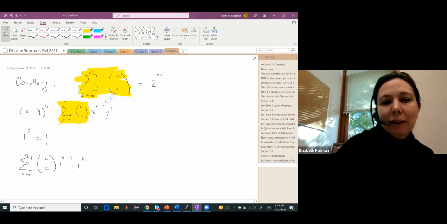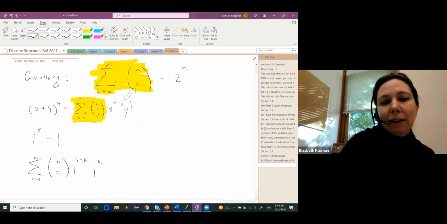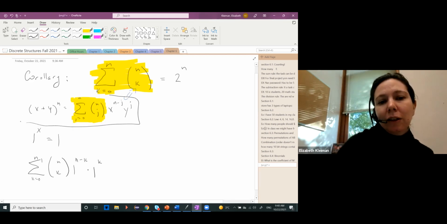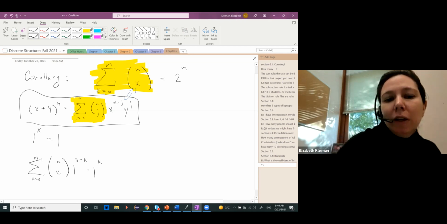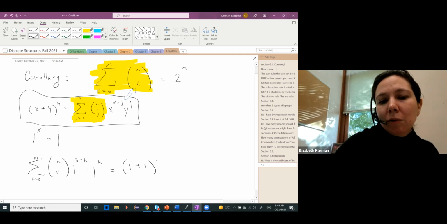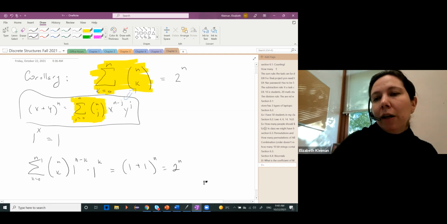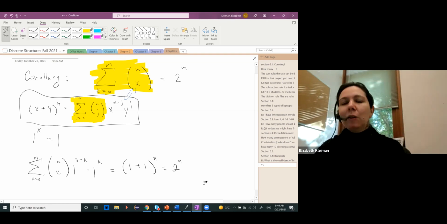And we said this is the formula I can use, correct? So I'm using it with x equal 1 and y equal 1. So what do I get? Well, I get 1 plus 1 to the power n, which is 2 to the power n. Do you see how you can get this corollary directly out of the binomial theorem?